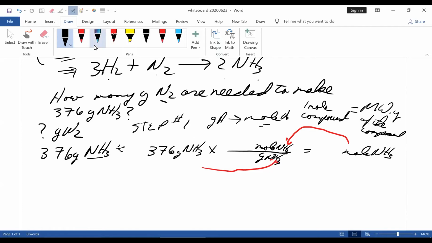So if we look over here, you have 1 nitrogen, 3 hydrogen. Remember, on my test, use 3 significant figures for all atomic weights. You've got to round it off. Nitrogen is 14.0, hydrogen is 1.01.